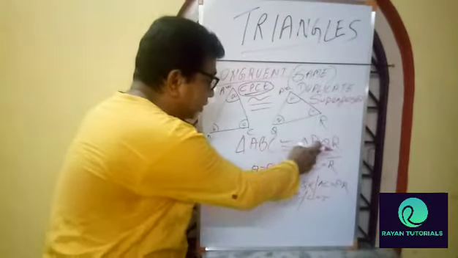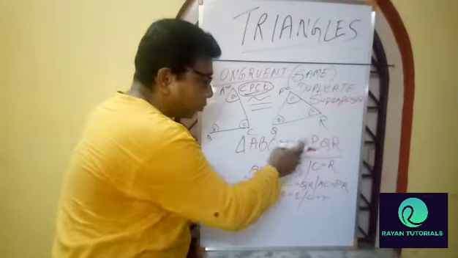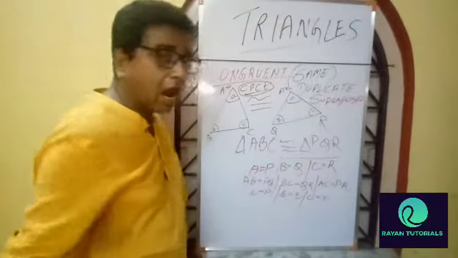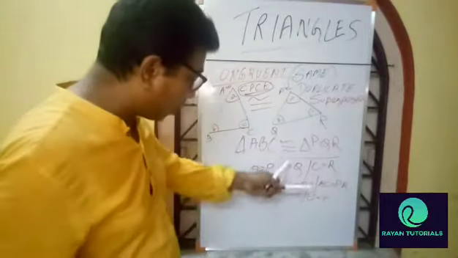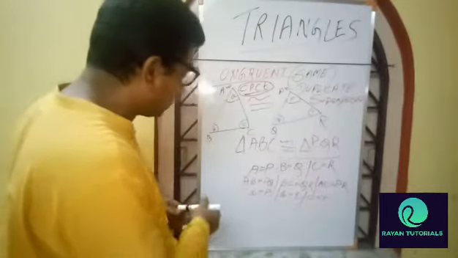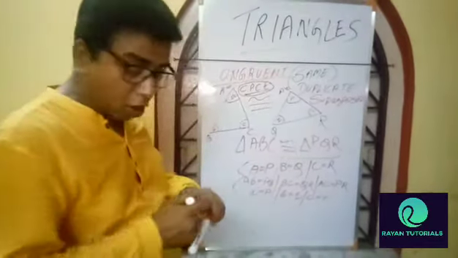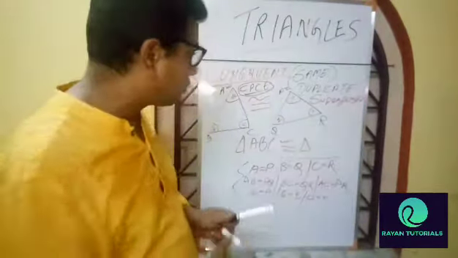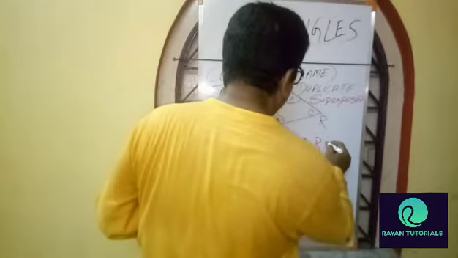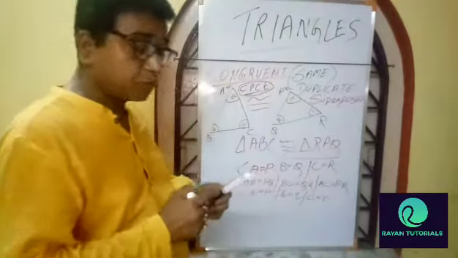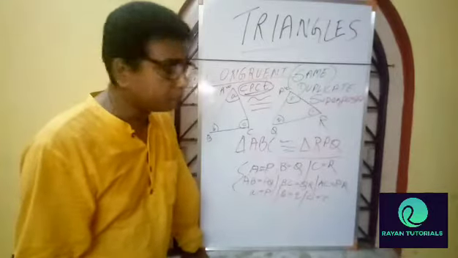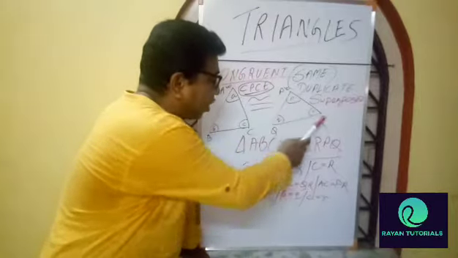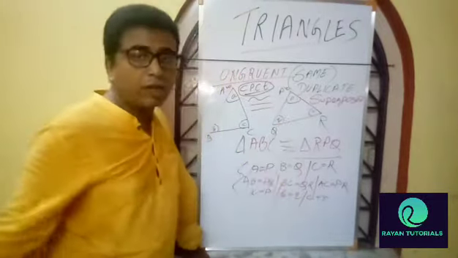When I am writing triangle ABC congruent to triangle PQR, that is A corresponds to P, B corresponds to Q, C corresponds to R. So for this statement, I cannot write triangle ABC is congruent to triangle RPQ. You got my point or not? See, triangle PQR and triangle RPQ are the same, there is no difference.